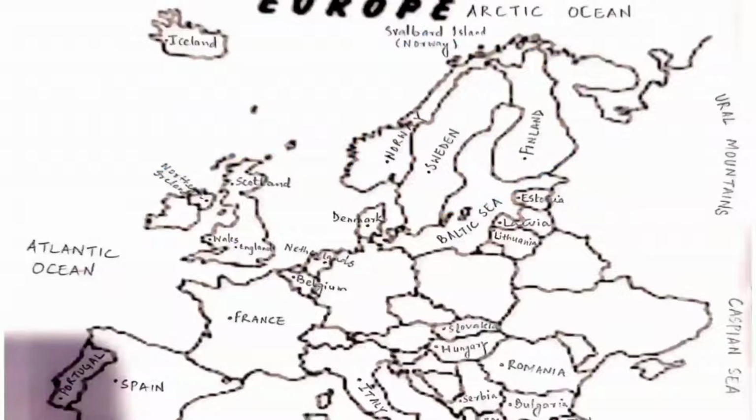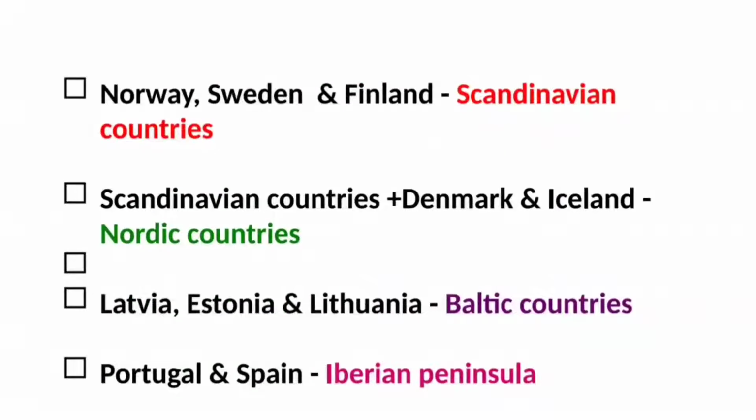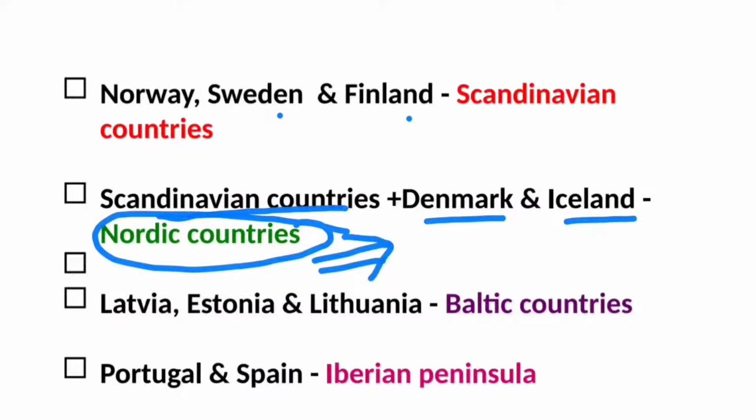You have to remember the location of Norway, Sweden and Finland in the north of Europe, and these three together are called the Scandinavian countries. Now the Scandinavian countries, that is Norway, Sweden and Finland, together with Denmark and Iceland, are known as the Nordic countries.